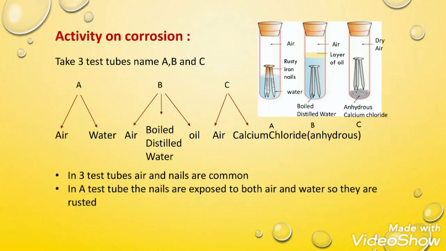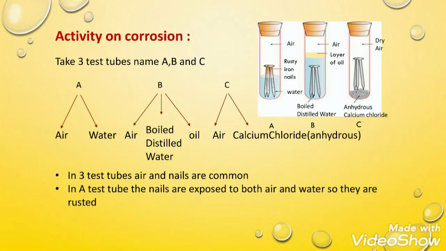If you take A, air is common and the second one is water. Test tube B has boiled distilled water and oil, air is common. And last, test tube C, air is common, C for calcium chloride anhydrous.